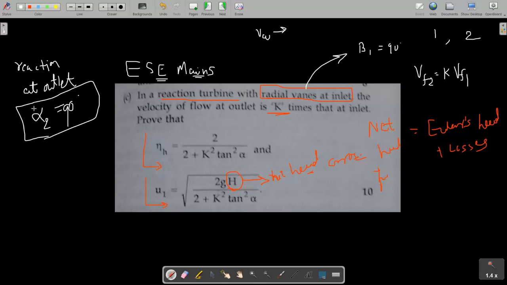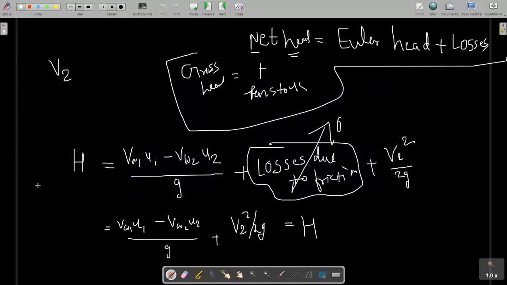In a reaction turbine at the outlet, the angle made by the absolute velocity with the guide blade is 90 degree, not 0, with the guide blade, not the runner blade.